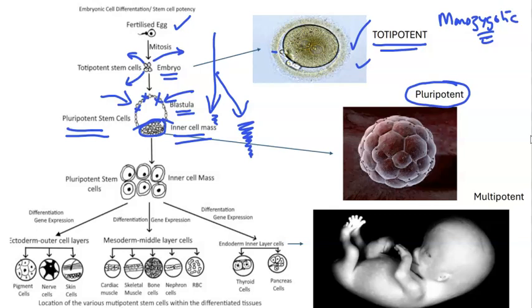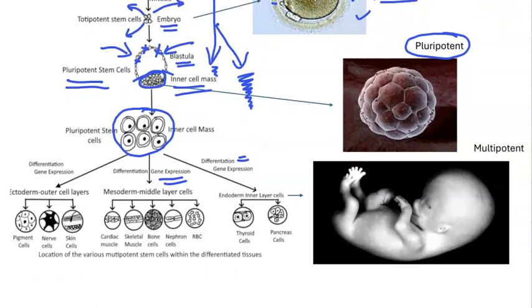Now the pluripotent cells will go through considerable numbers of cell divisions and gene expression, differentiation and specialization into the different layers and structures and organs of the individual. And at this point we have moved now to what is known as multipotent cells.